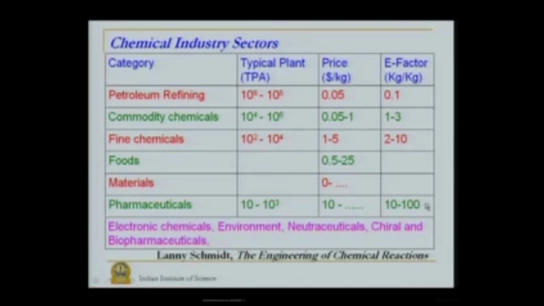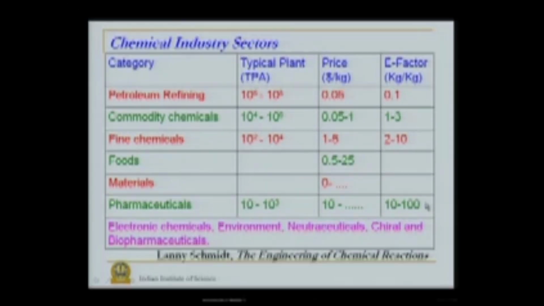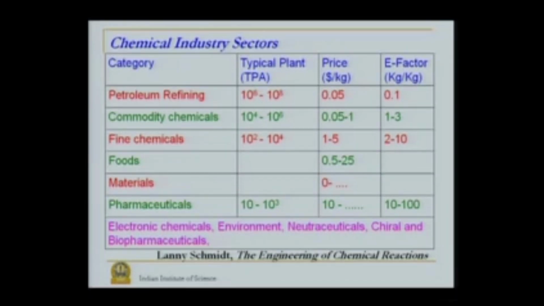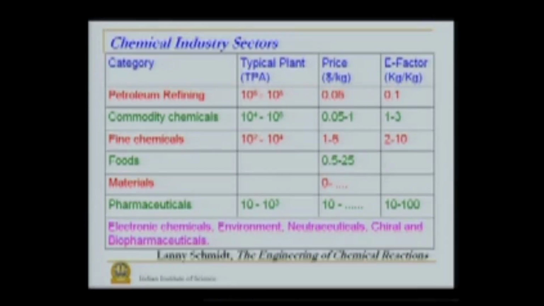It is not unrealistic to see that you actually generate 100 kg of waste per kg of material that you produce. The reason for this is that pharmaceuticals or specialty chemicals are typically produced in very dilute quantities. Their concentrations could be ppm if not ppb, and therefore, to get a kg of the desired chemical, you have to separate out tens or hundreds of kgs of undesired material, so that you get that final product.